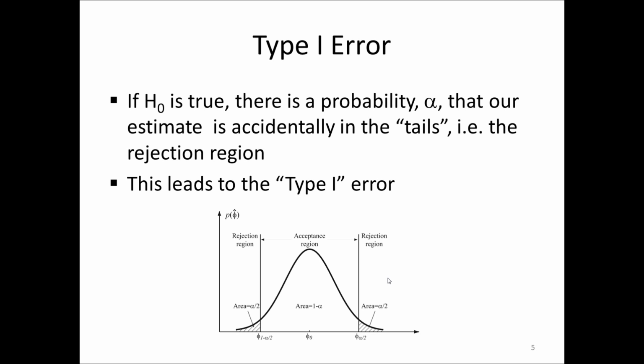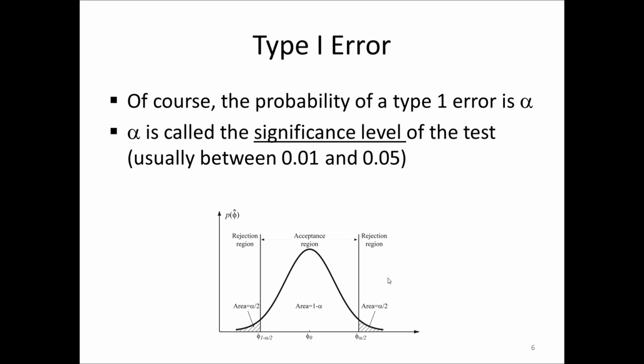This leads to the type 1 error. Of course, we can say that the probability of a type 1 error is alpha, based on the drawing. And this value, as I said, is called the significance level of the test, and is usually chosen as a number between, say, 1 and 5%.